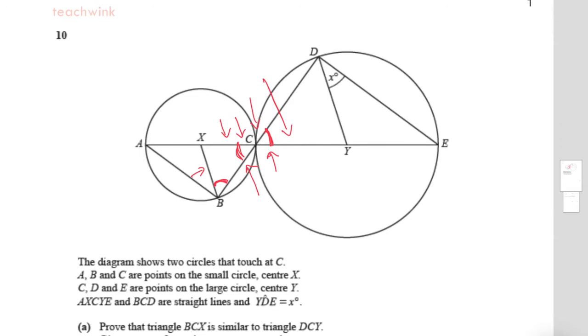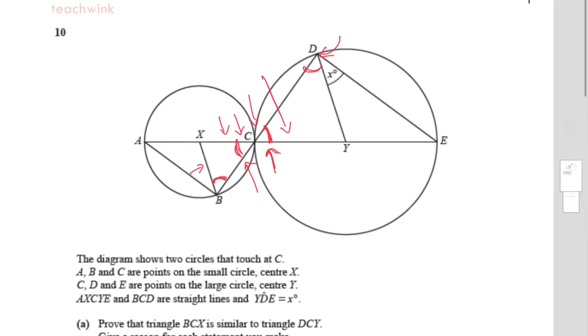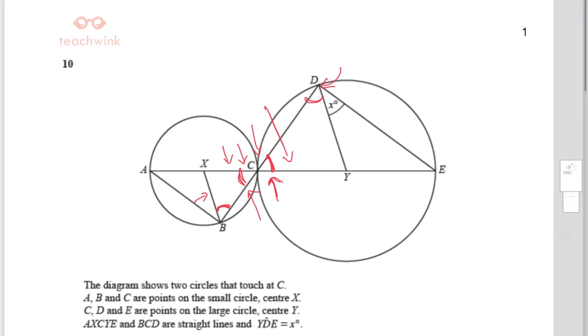It's the same for the larger triangle, because angle DCY and angle CDY are also going to be the same. So all these four angles BCX, XBC, DCY and CDY are the same. If these four angles are the same, then the last statement can be that angle BXC and angle DYC are also going to be the same. So we have our three statements.